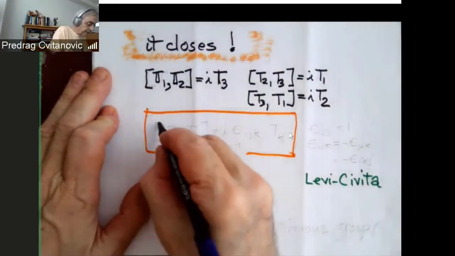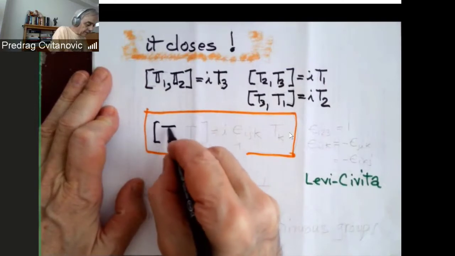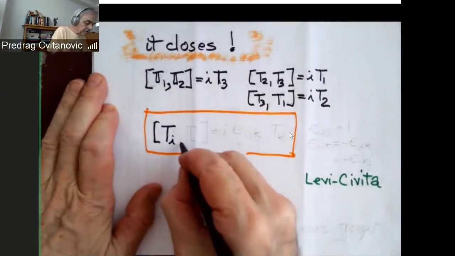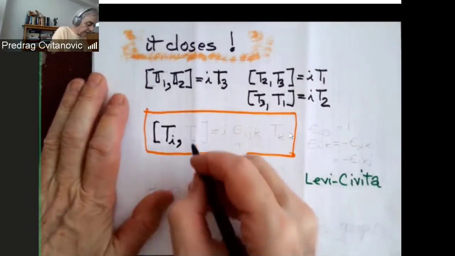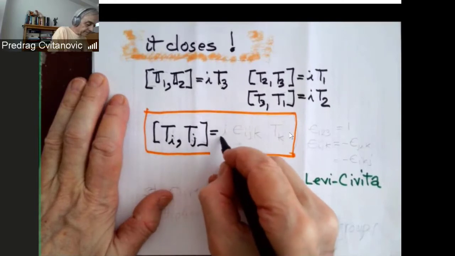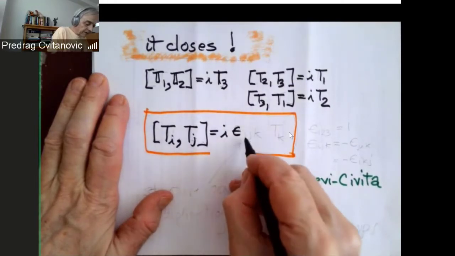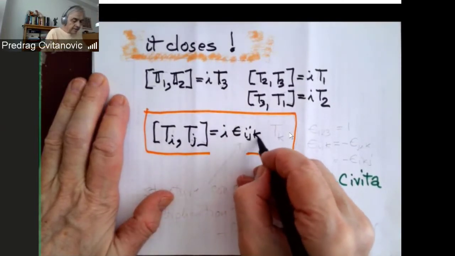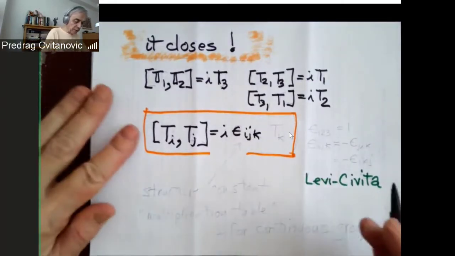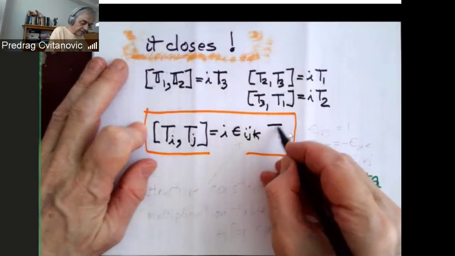I can write this in a way which is foreshadowing the whole theory. I can introduce a new symbol called Cvitanović symbol. Which has 3 indices. So that's called a tensor. It's bigger than a matrix. It has more indices than a matrix, which has only 2.